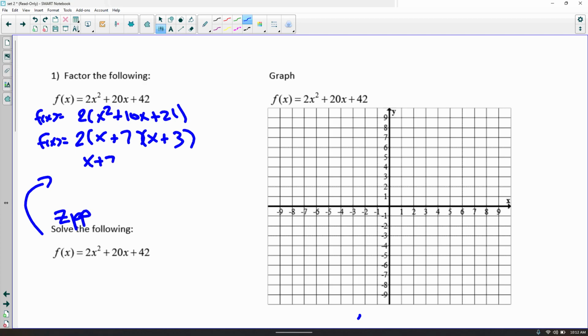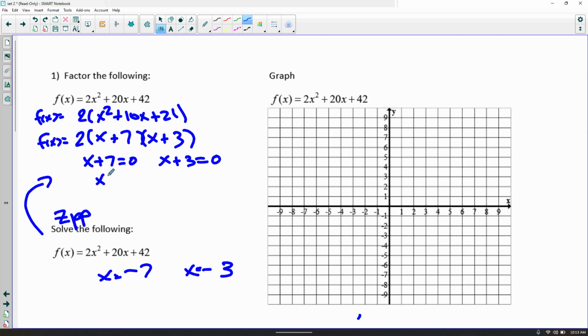Now, do not be lazy. If you give me down here x is equal to -7 and x is equal to -3, you will not get all your points. You need to show your zero product property process. The proof in this is writing down each factor equals 0.